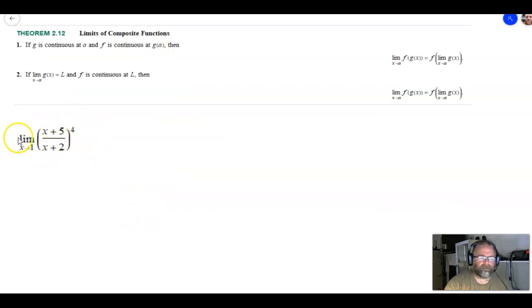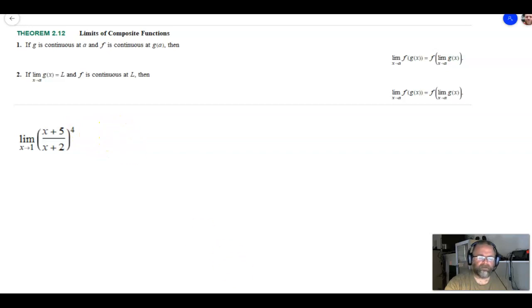Alright, so let's take a look at this first limit here. The limit as x approaches 1 of the function (x plus 5) divided by (x plus 2), all raised to the 4th power. Now we can really look at this as two functions. So the inside function here we could write as g of x.